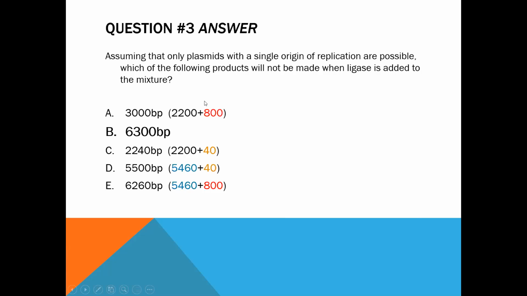So we can see we could make A because we could put our 2200 back with the 800. We could flip-flop the 800 and the 40, or we can just religate the other one back to itself. So 6300 is the odd one out. We wouldn't get that one.